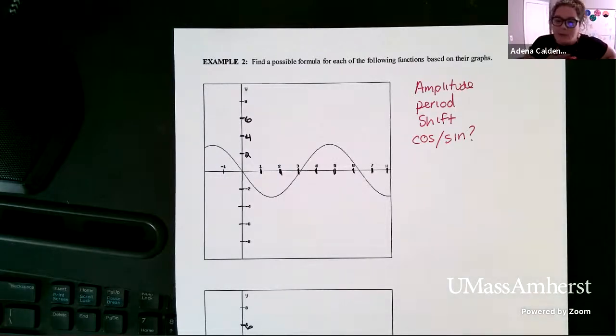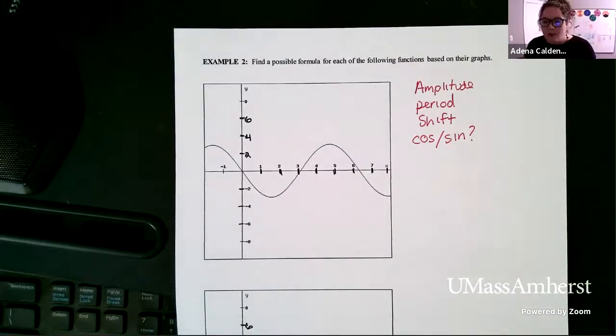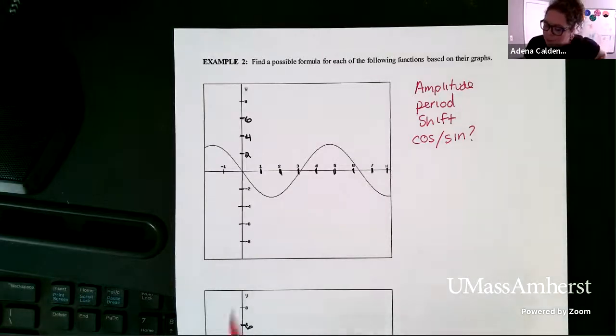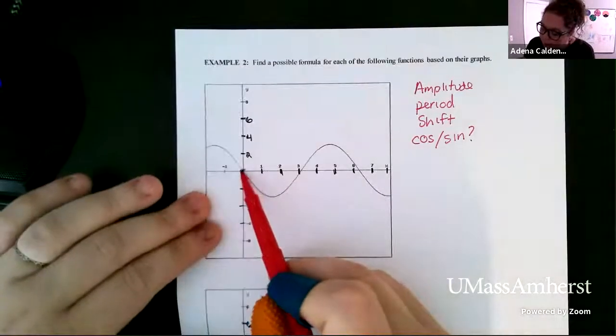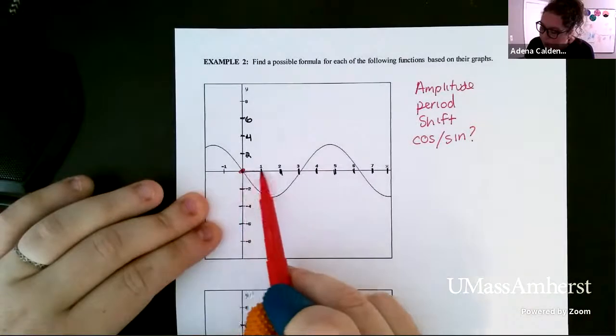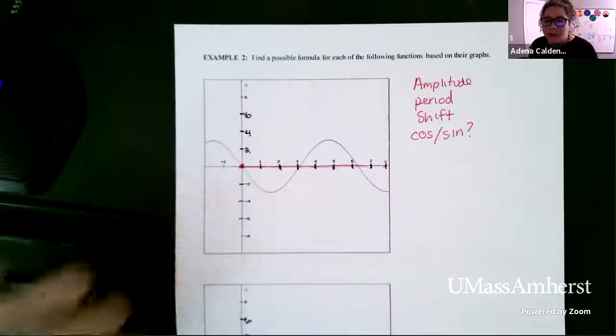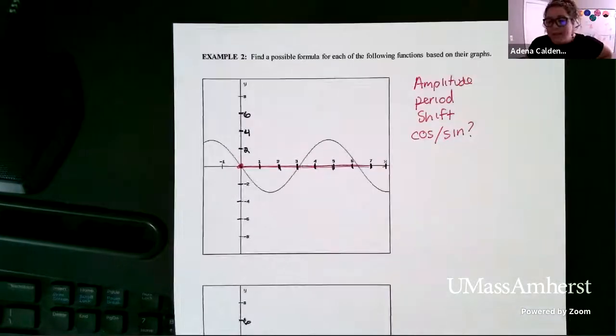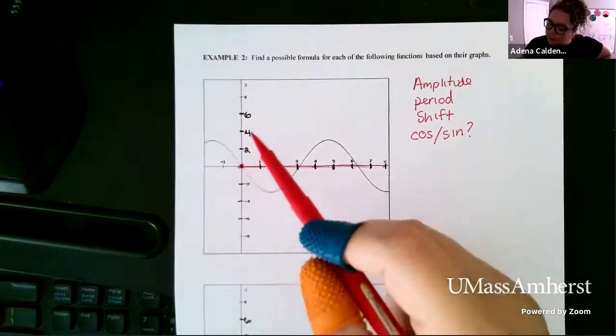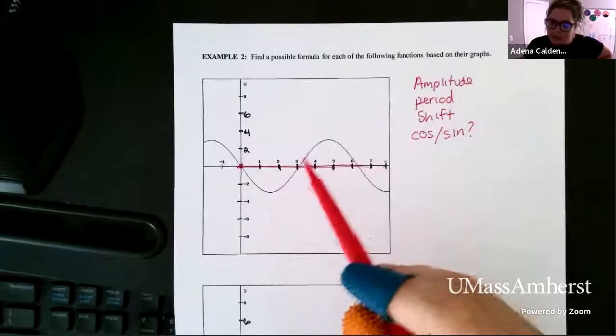Now, I tend to start by figuring out, is it sine or cosine, and build from there. So remember that before, I said sine starts at the midline, right? So here, if I look at what's happening at 0, this is the midline. It doesn't start at a max or a min, right? So this is going to be a sine graph, but you may notice that instead of starting off by increasing, I start off by decreasing.